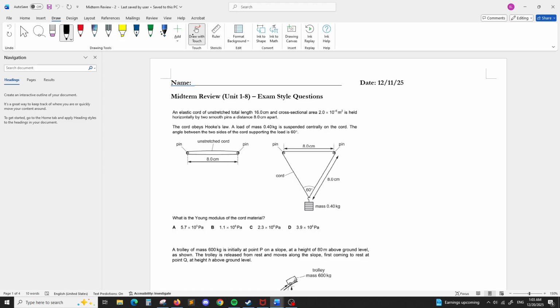Okay, so Young modulus is going to be stress over strain.